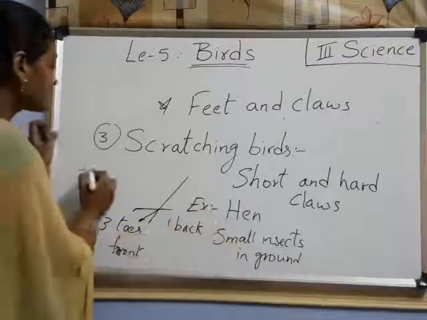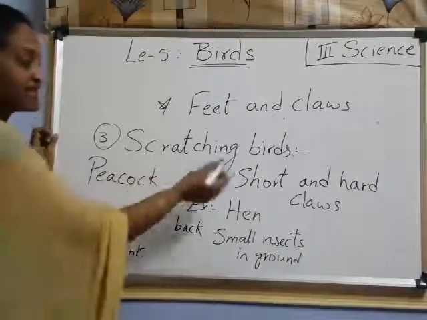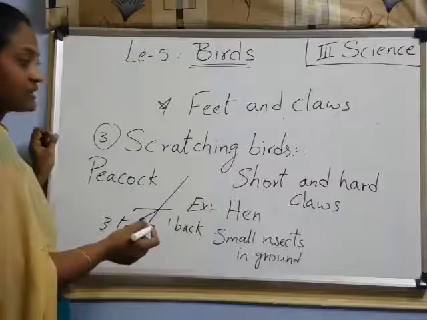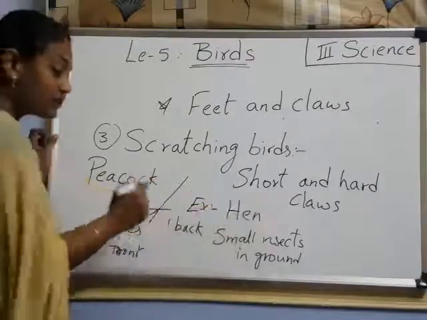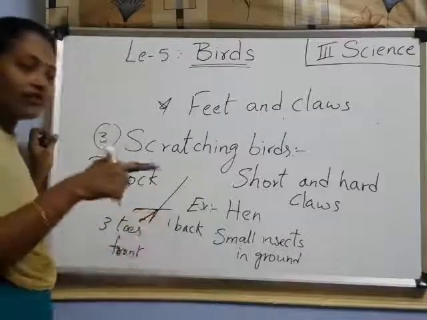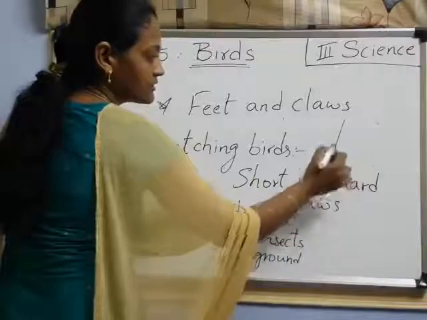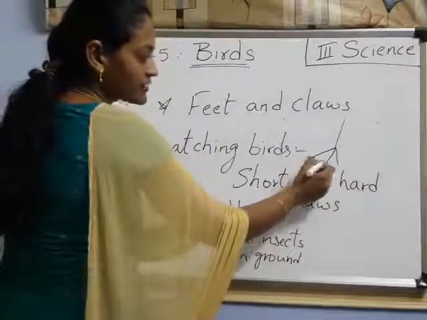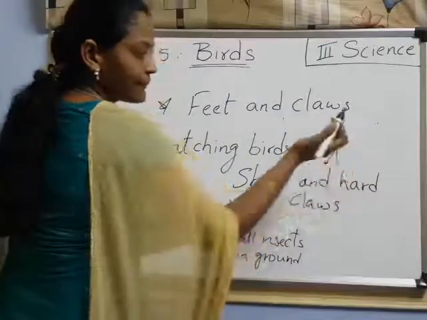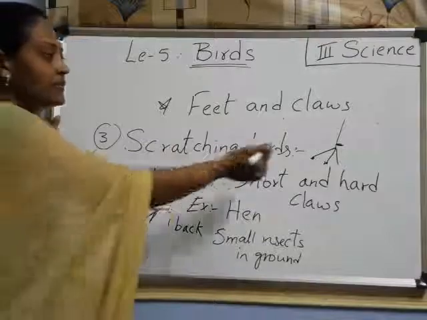And another example is the peacock, children. The peacock also has claws that are short but toes that are long. This is a long toe. See, this is the foot, the toe is long, but claws are short and hard, and one toe is somewhat up on the leg.